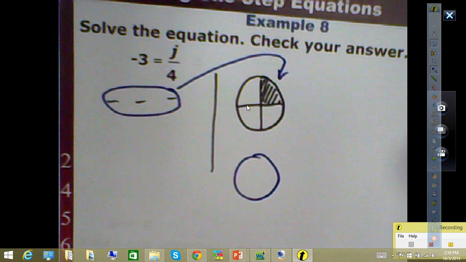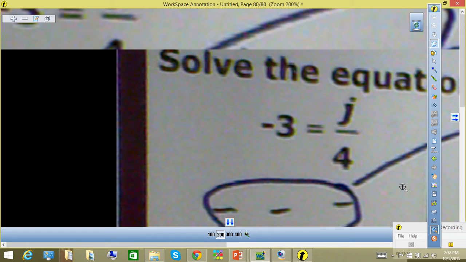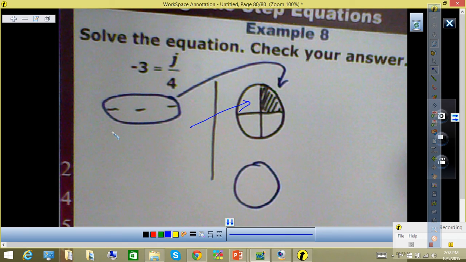All 4. So watch. If we say this, that this one, watch. Sorry, let me zoom out. This one's going to be 1, 2, 3. Yes? This one's going to be 1, 2, 3. And this one's going to be 1, 2, 3.